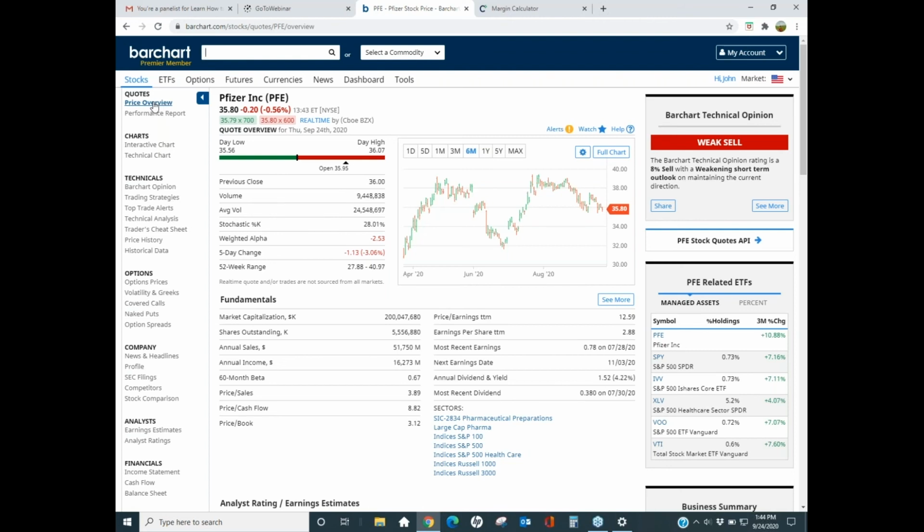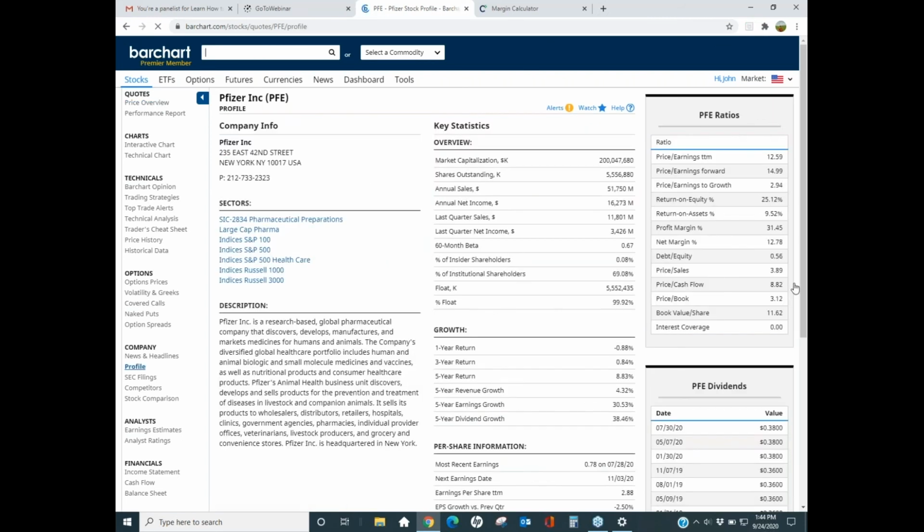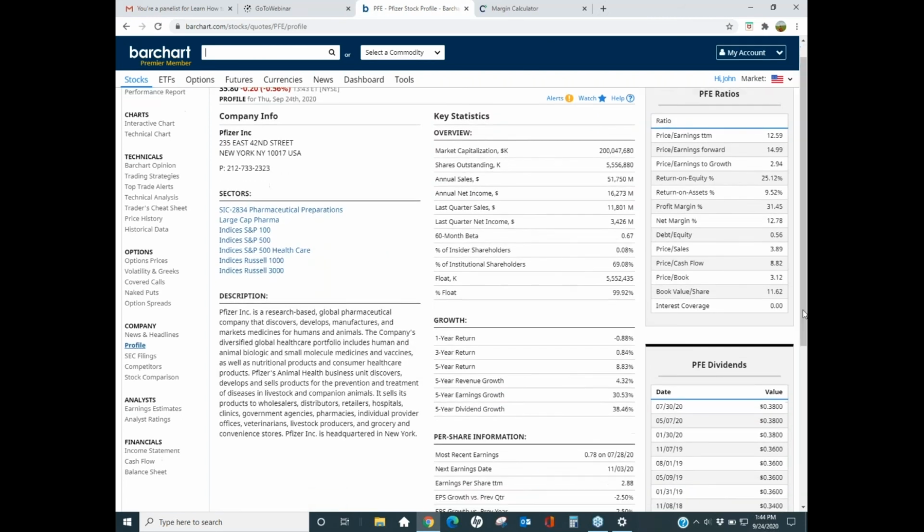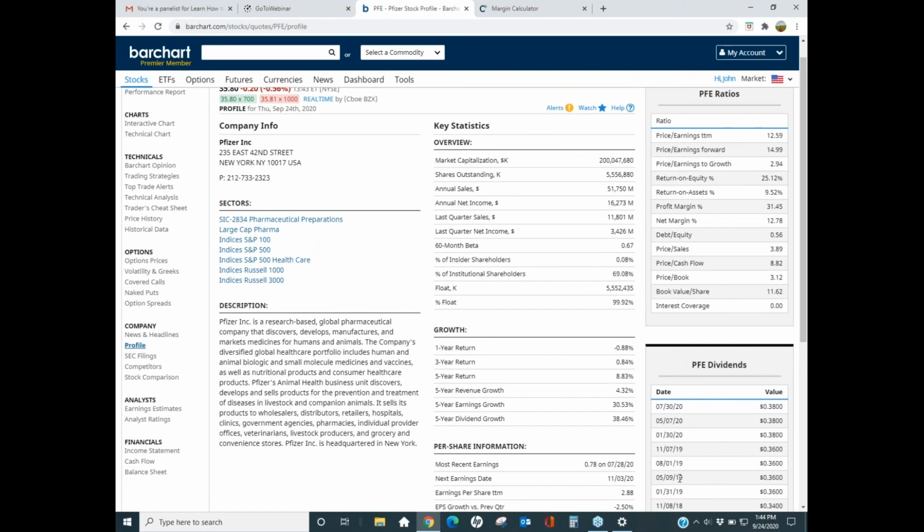Now, I'm not saying that that is going to happen, but you can see that the dividend on Pfizer is 38 cents per quarter, and our ex-dividend distributions do fall inside. You can see 11/8, 11/7 do fall inside of our expiration date.